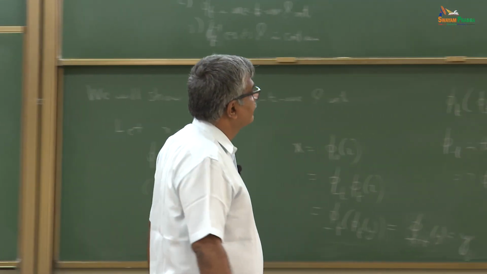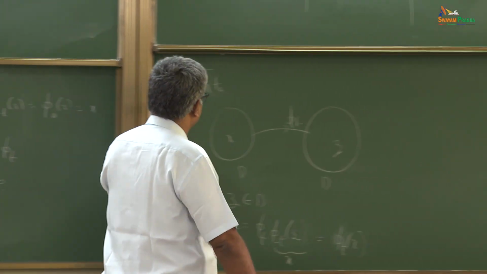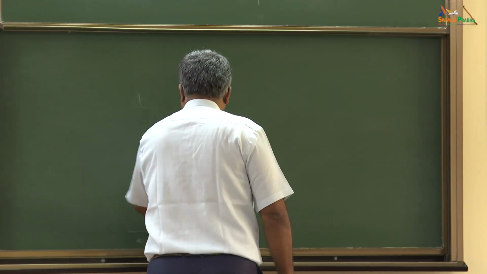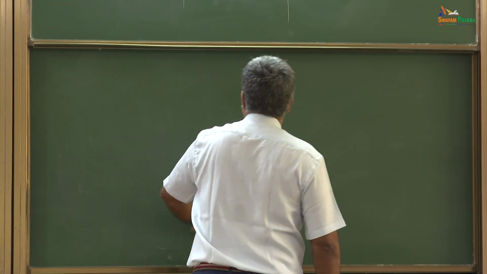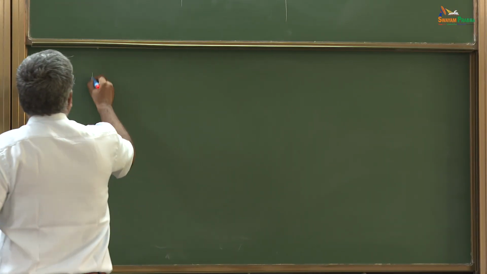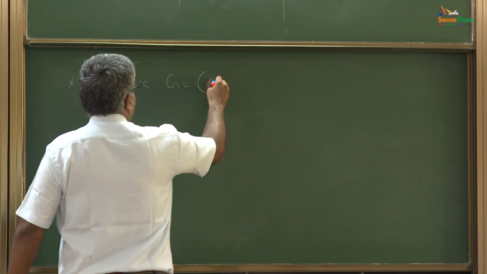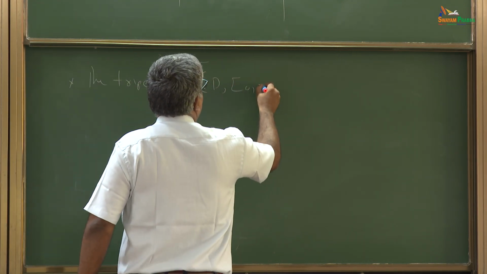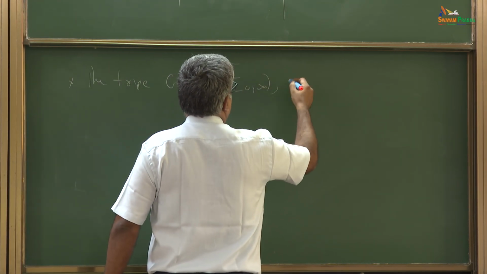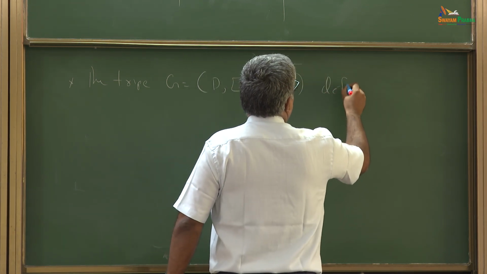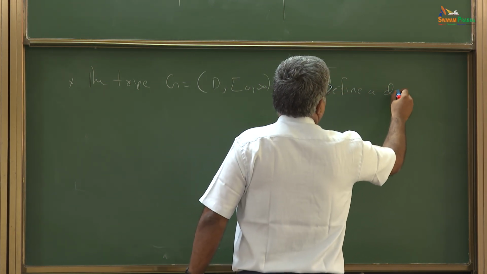Now from here we will go to differential equations. Because the triple G, which is given by D, the time interval, and phi, defines a dynamical system.